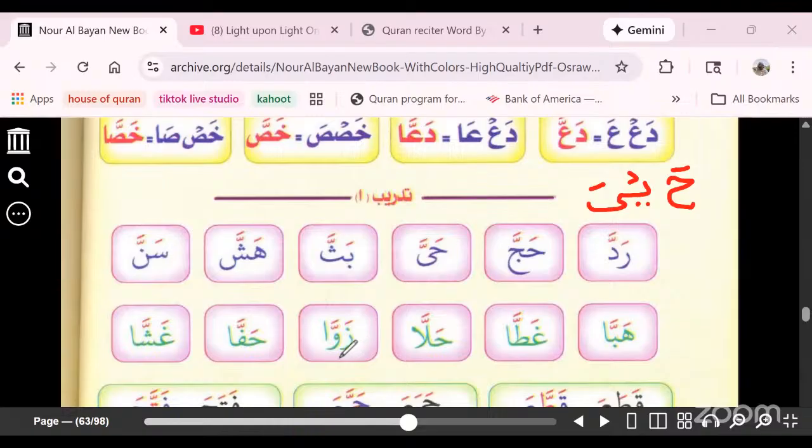Very good. Hafa. Very good. Ghain fatia, shin. Ghain is a heavy letter. Gosha. Beautiful. Hajia, are you getting it now?